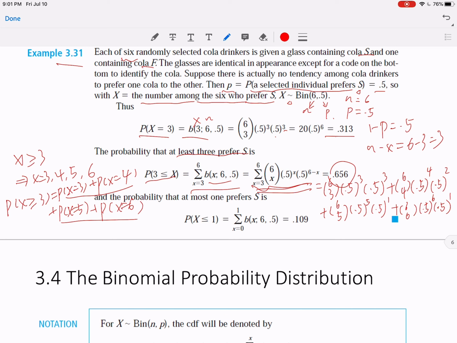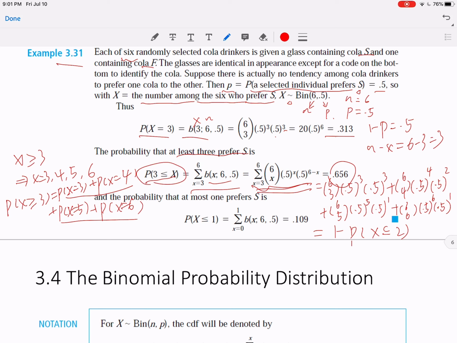And actually, if we are looking for the probability x is greater than or equal to 3, we can think of the opposite of it, okay? Because this would be equal to 1 minus the probability of x less than or equal to 2. In this case, we're thinking of the complement of the probability of x greater than or equal to 3.